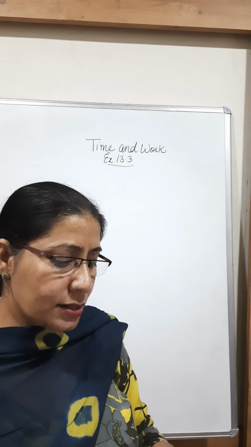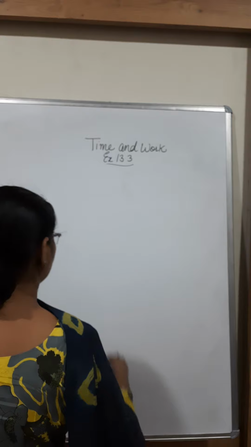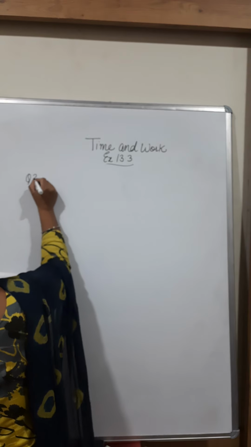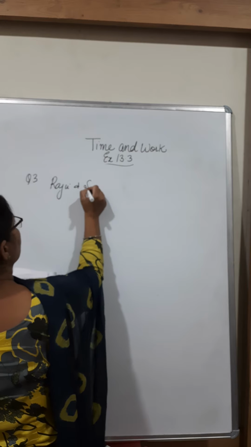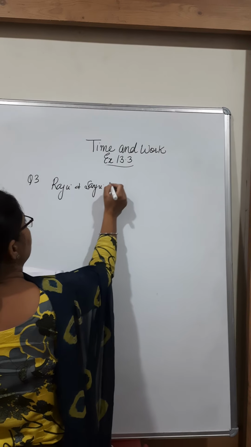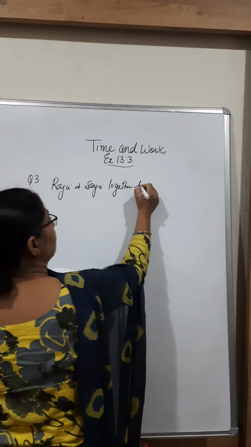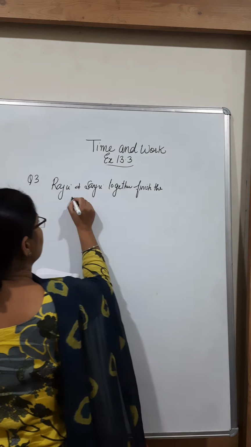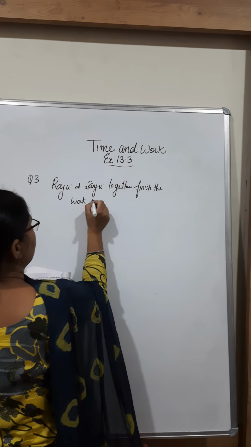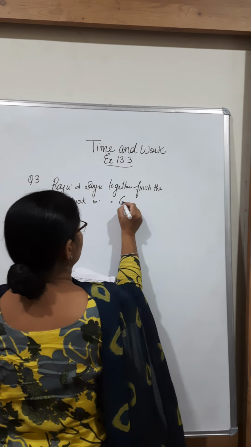So how many hours can Sanju alone do it in? So question number 3, Raju and Sanju together finish the work in how much time? In 6 hours.